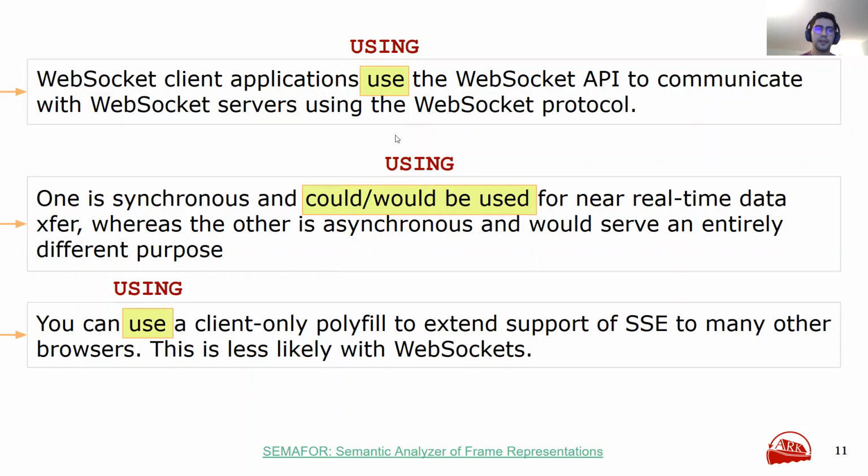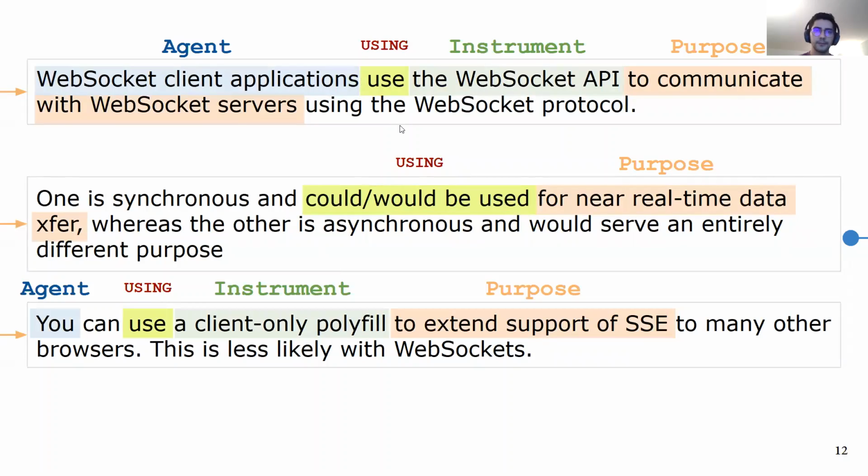When we see such a verb, use, we always ask questions such as use what, or use what to what end. And when we do so, we look at the verb and we look for nearby text to understand it. And this is also captured by frame semantics.